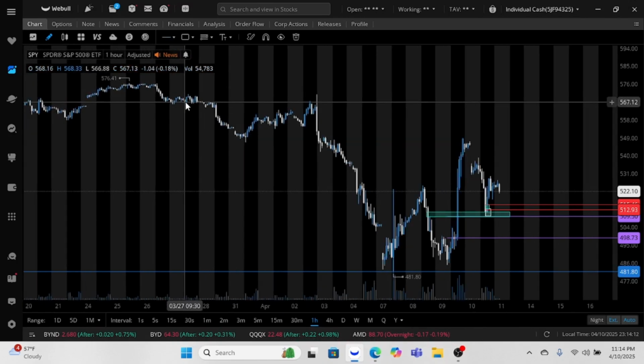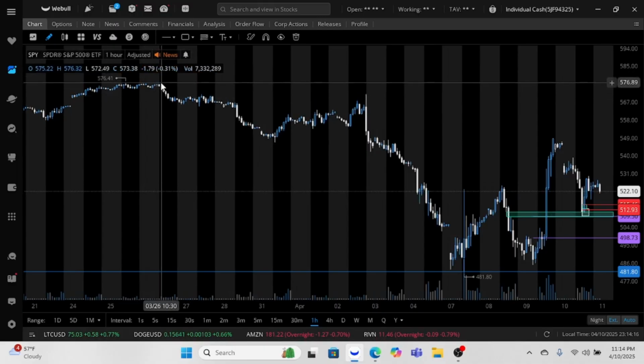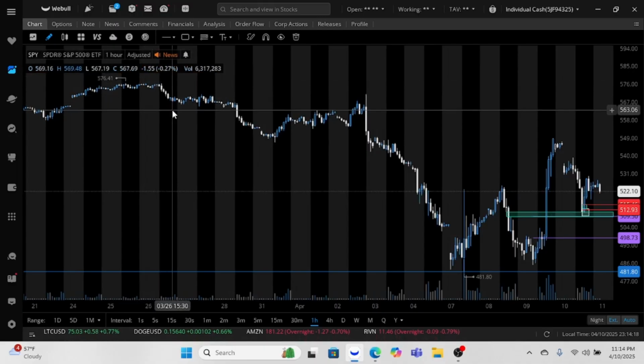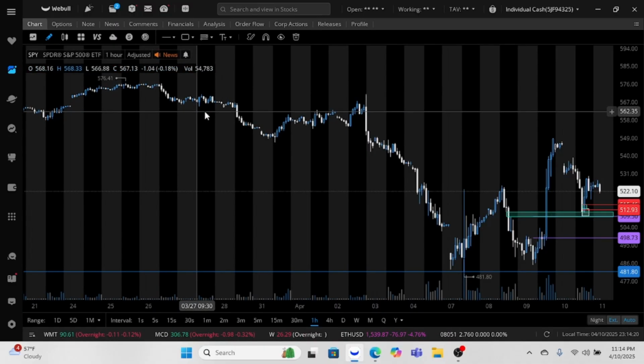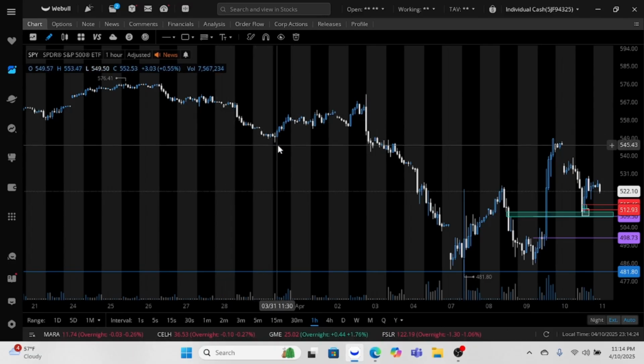So we had bearish market structure. Right now there's so much I want to say because there's so much that goes into price action and market structure. But right now I'll just talk about lows and highs. I'll just keep it simple.